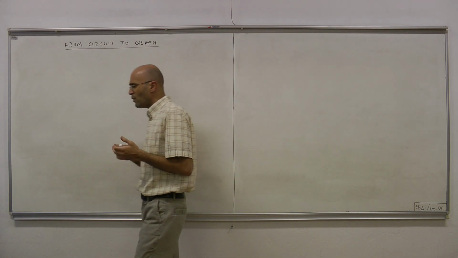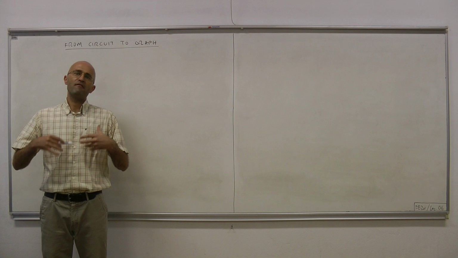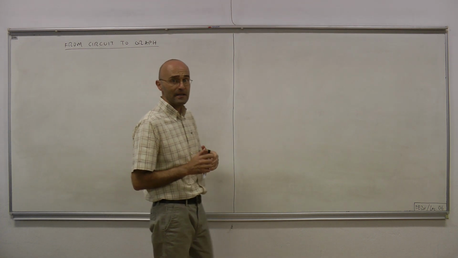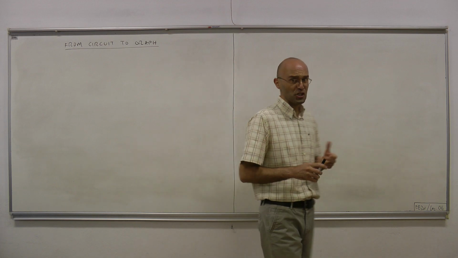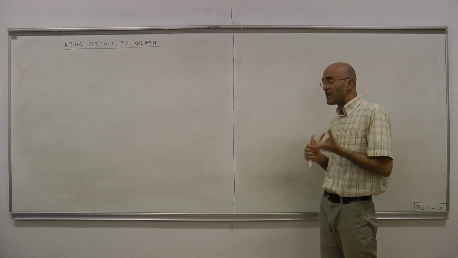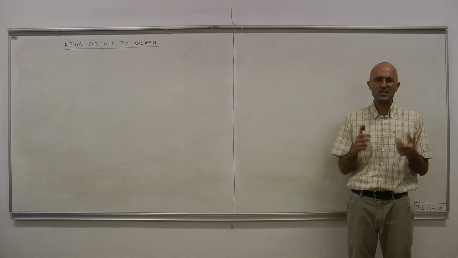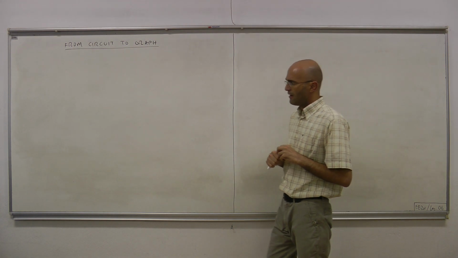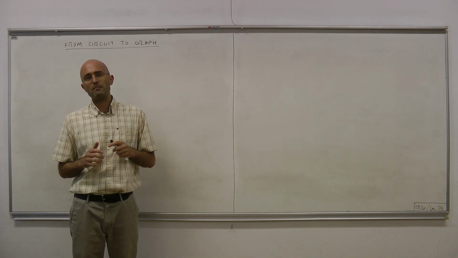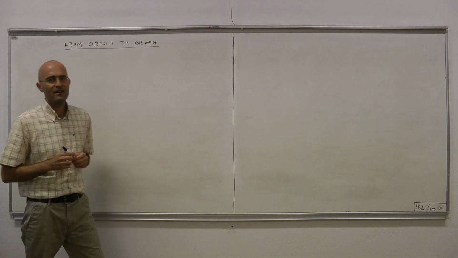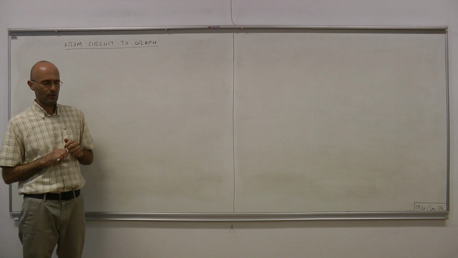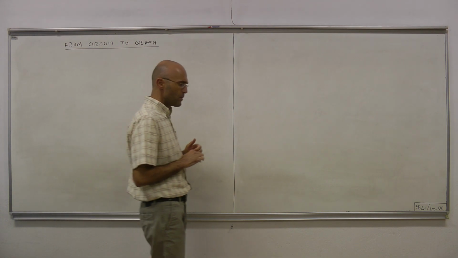But for an arbitrarily large circuit, just writing down whatever we can write is not the right way to go, because things will get very messy very rapidly. So it's essential that we have some method to attack the problem of solving a general circuit. So today we will do that.